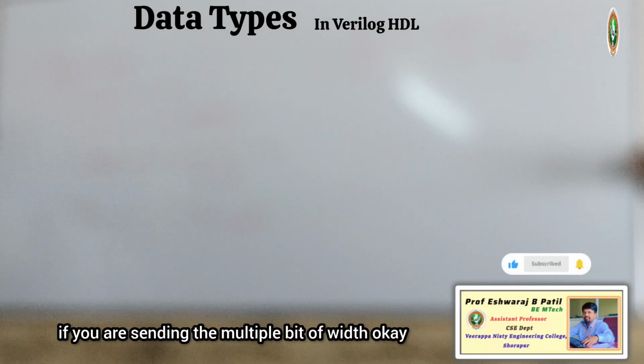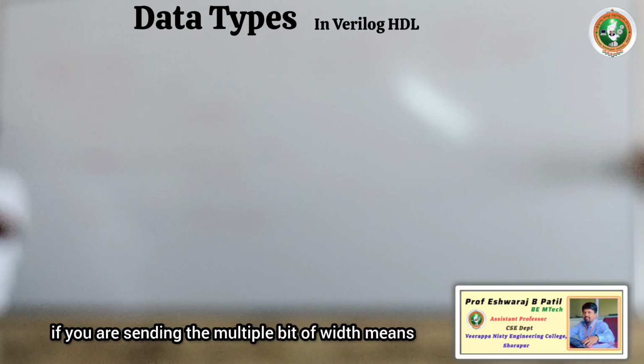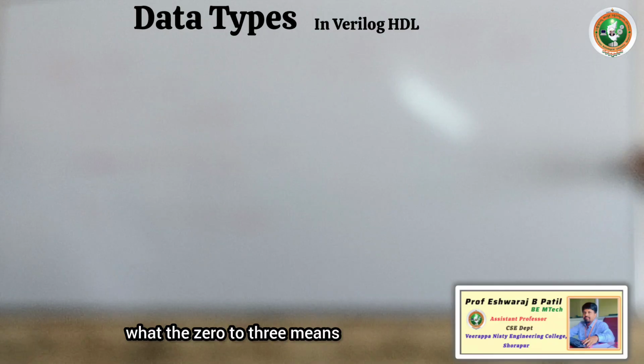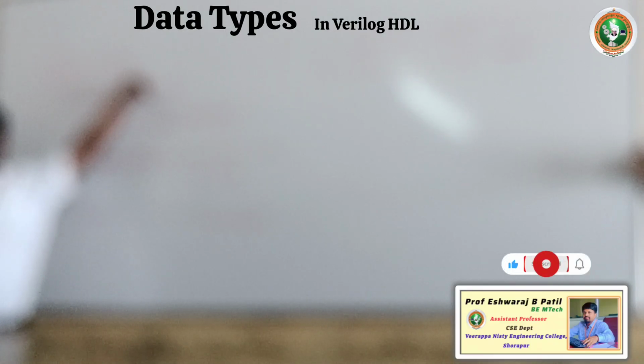If you are sending multiple bits of width, like 0 to 3, that means 4 bits of information sent through vectors.